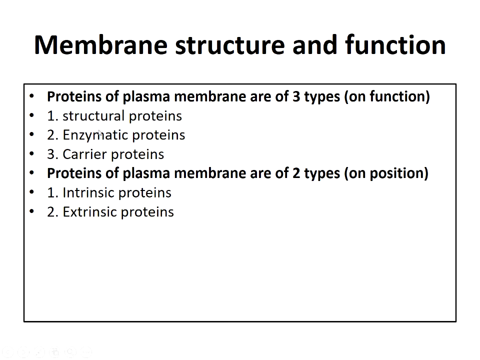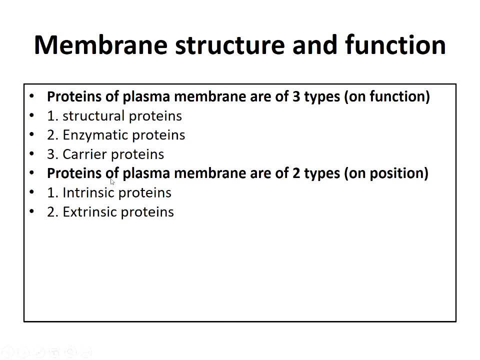Third are the carrier proteins. These help in the transport of substances across the membrane, that is, transport of ions takes place by using these carrier proteins. So these are the 3 types of proteins based on function.